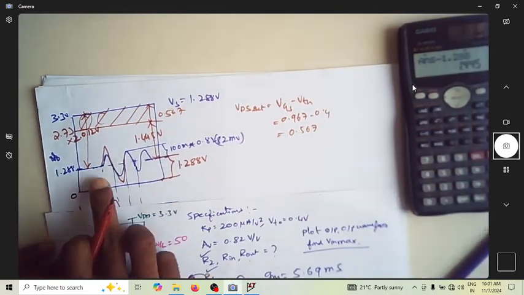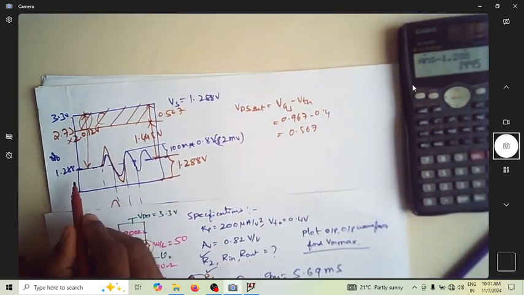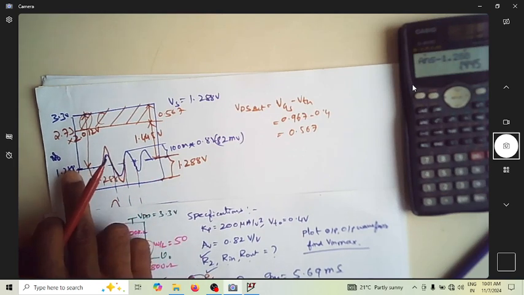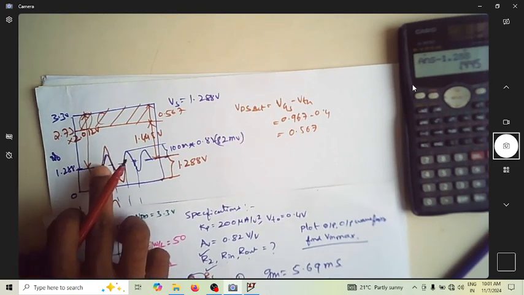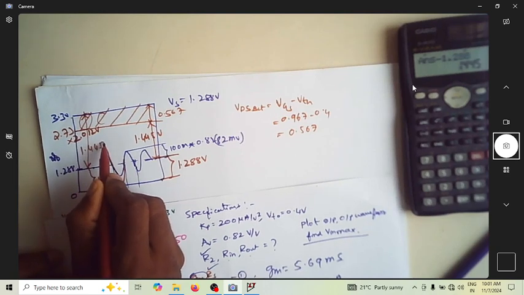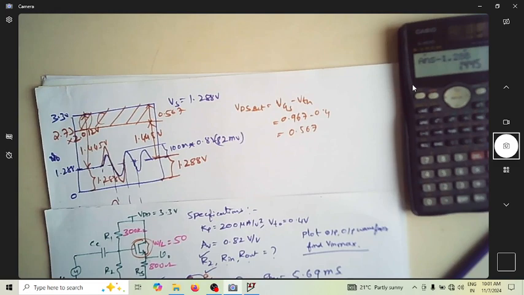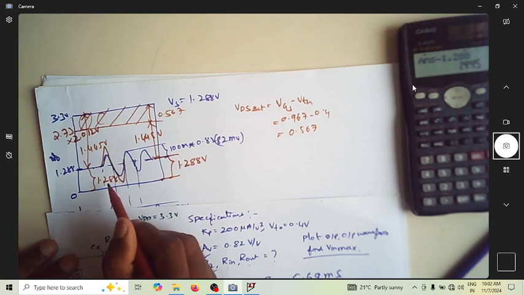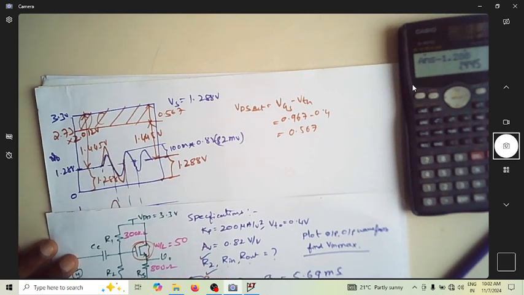On the bottom side you have 1.288 volt for the output signal, and on the top side you have 1.445 volt available, which is not symmetric. Then what is the maximum voltage swing that is possible? Because if you go beyond this 1.288, it is going to cut here, which will make your waveform distorted, it will get clipped off.